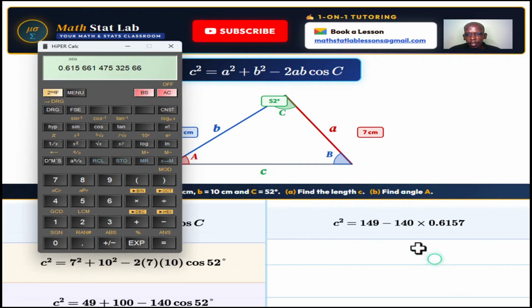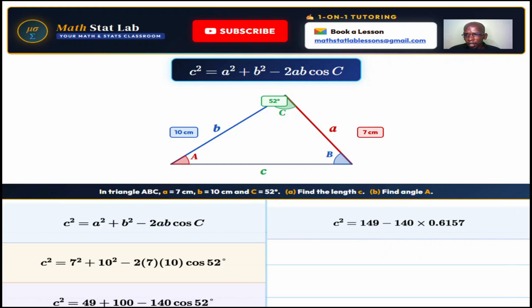Then from there, this is just normal calculation. So c squared is now equal to 149 minus 86.20. The reason is I took 140 and multiplied it with 0.6157, which is the cos of 52. When I multiply 140 with 0.6157, I get 86.20 directly from the calculator.